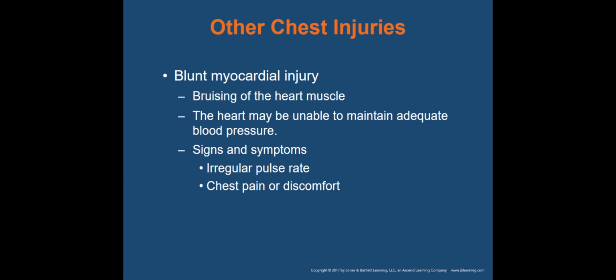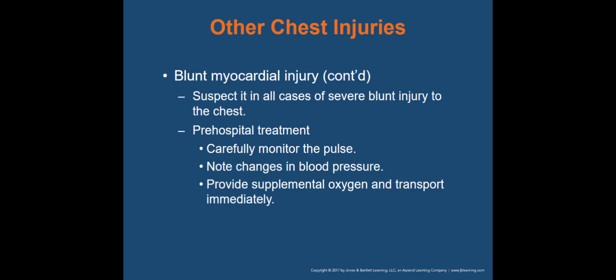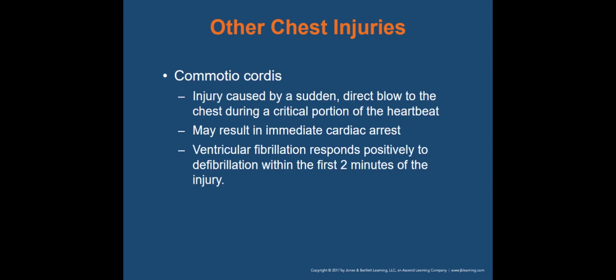A cardiac contusion can cause irregular pulse rate or arrhythmias that can be life-threatening due to the nature of the injury, the sensitivity of the cardiac muscle in response to that injury. So suspect blunt myocardial injury in all cases of severe blunt injury to the chest. Monitor the pulse, note changes in blood pressure, and give supplemental O2 titrated to 94% or above.